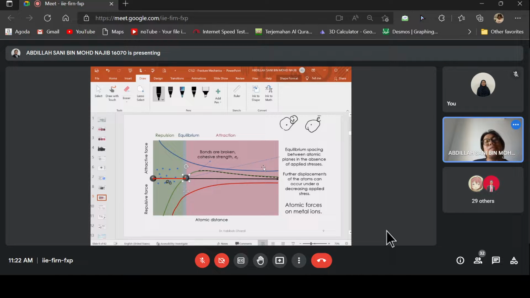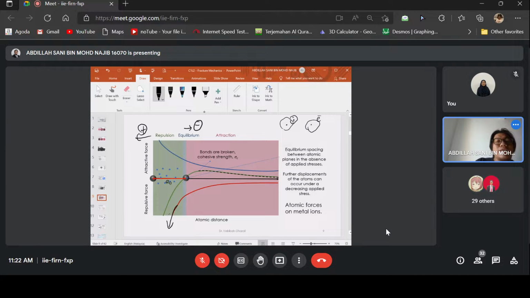Just put it that way because we need some direction: going this way is positive, going that way is negative. So repulsive force is always pushing, so it is negative. The higher the repulsion, the more negative it is. The higher the attraction, the more positive it is.